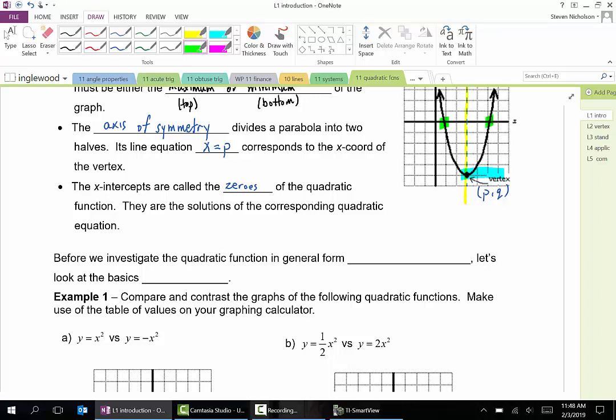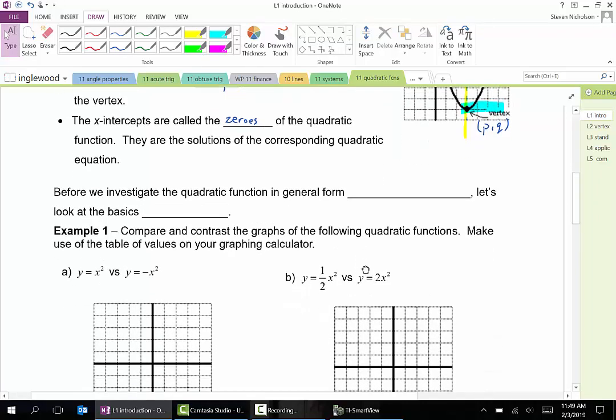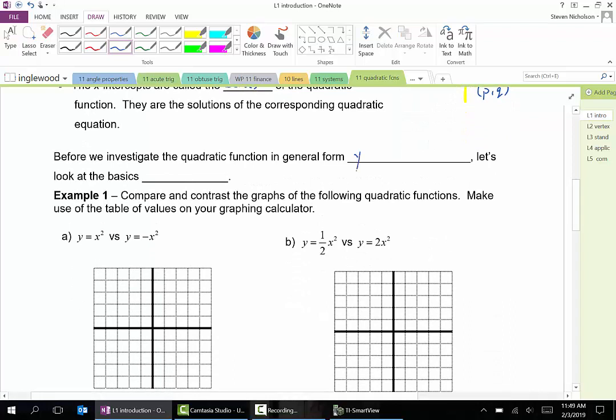We're going to try to convince you that a parabola is a U, that it is symmetrical across a line, and that it has a vertex, and that's what we're going to focus on. Before we investigate the quadratic function in general or standard form, and if I ever say general or standard form, I mean the same thing, let's look at the absolute simplest parabola, y is equal to x squared.